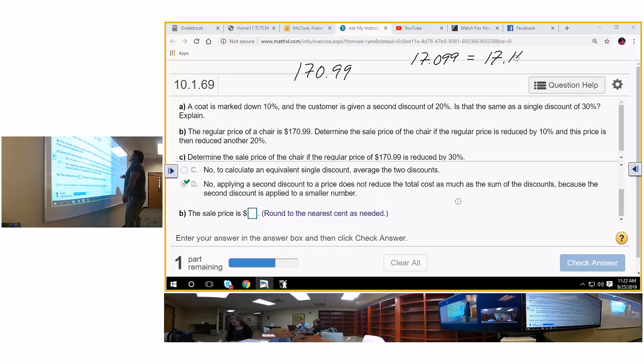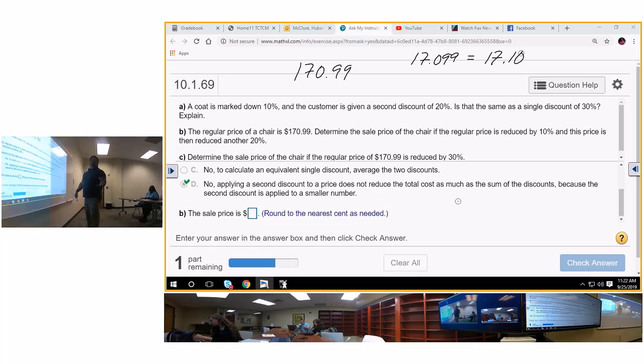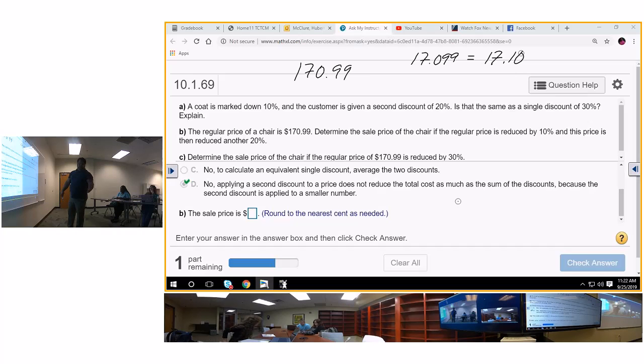How did I get 17.099? I moved the decimal one place to the left. So if I do 10%, I move it one place to the left. If I do 100%, I move it 2 places to the left.